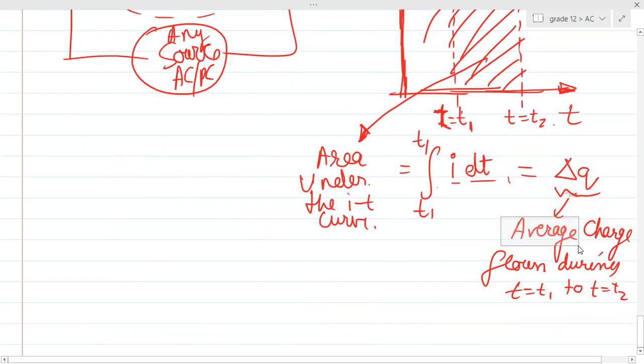You can just write total charge flown during t1 to t2 in the circuit, right?